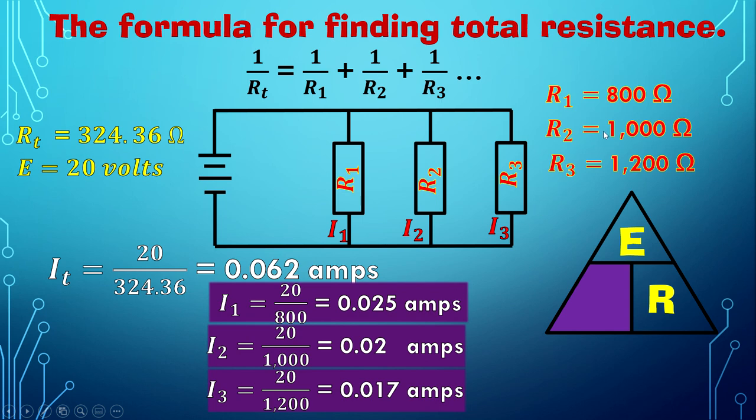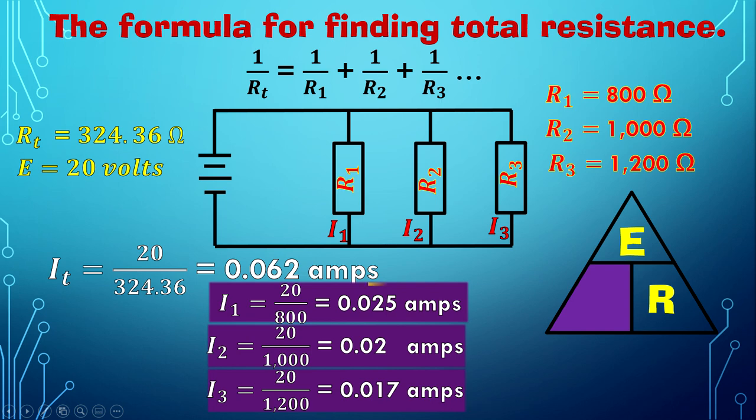Like I was saying before, the smaller the resistor, the more current we'll have flowing through it. So our lowest resistance is 800 ohms, and we have more amps going through that one than the other two. We've got 0.025. The 1,200 ohm resistor, we have the fewest amps going through that one, 0.017.